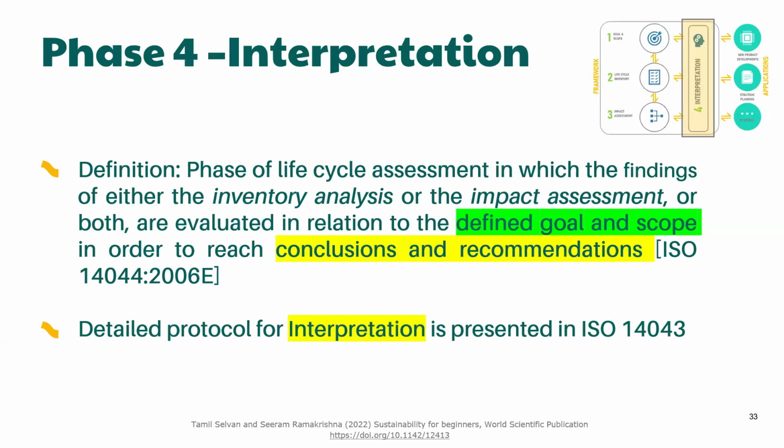As always, as you can see in the right corner of the slide, we are now discussing the interpretation part of our ISO framework. This phase is closely connected to other phases of the framework, meaning that any changes made in previous phases will directly impact the interpretation phase and lead to a different outcome.